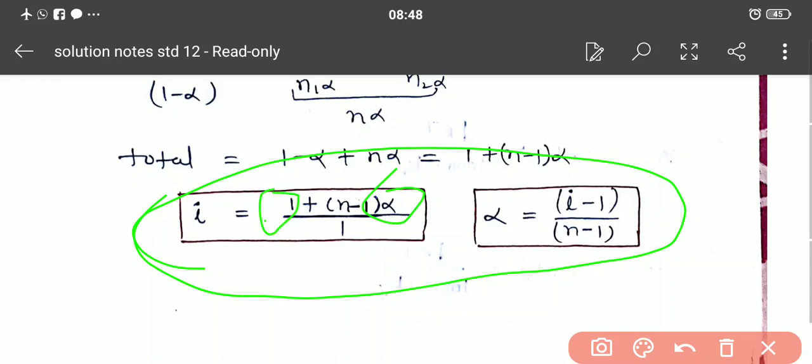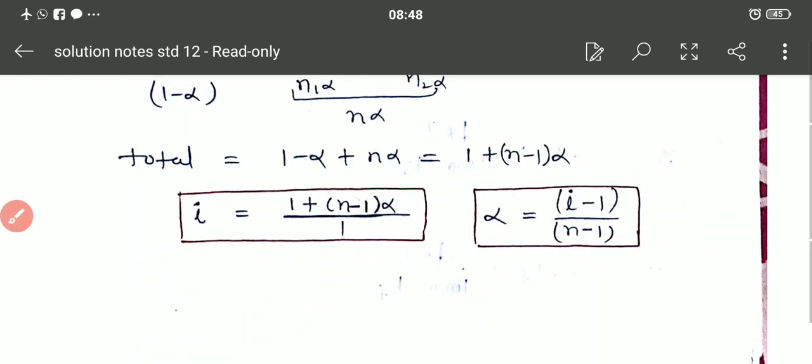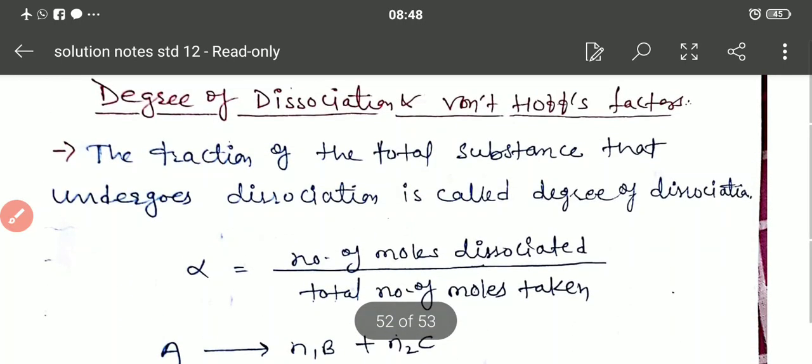This 1 comes here, so it is i minus 1, and this n minus 1 comes in the denominator. So we get alpha is equal to (i minus 1) upon (n minus 1). This is the equation for degree of dissociation.